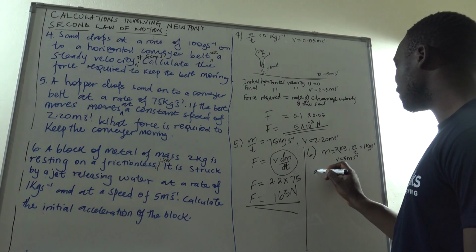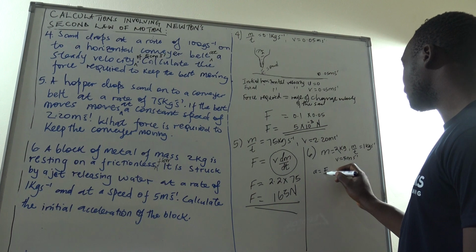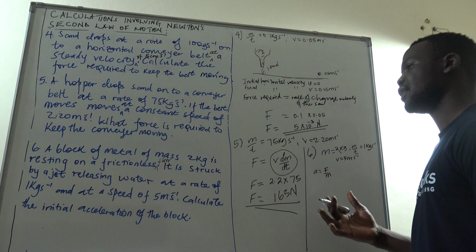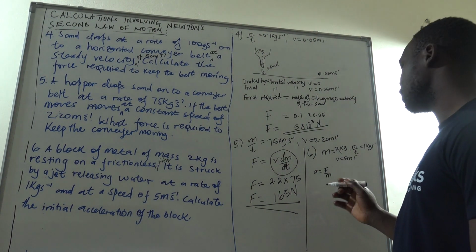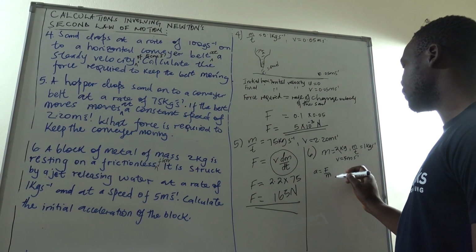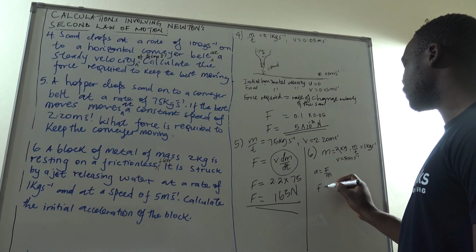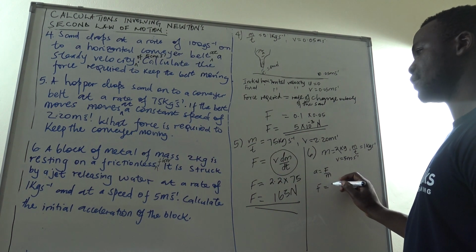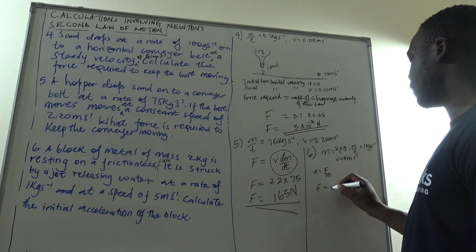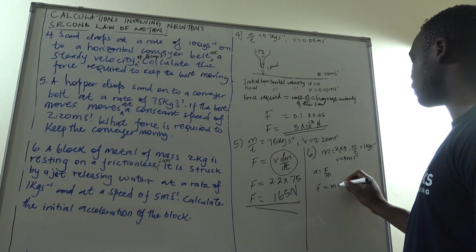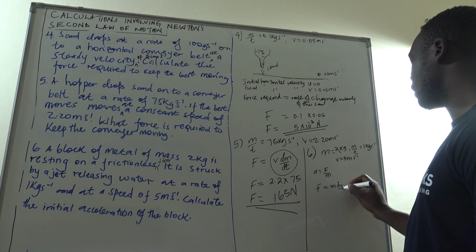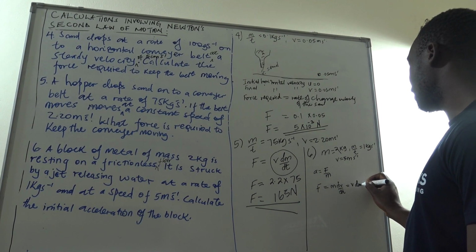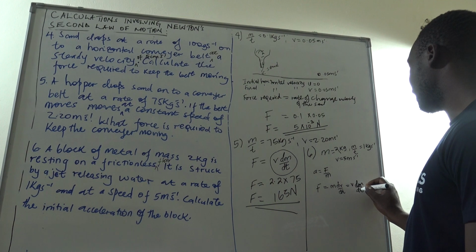Now we know that acceleration is got from force over mass. So what does this one tell us? It means that we should be in a position to get the force first. But how do we get this force? This force, m dv out of dt, should be equal to v dm out of dt.